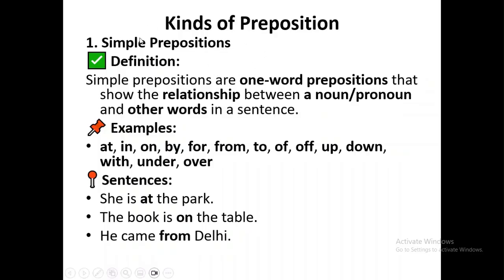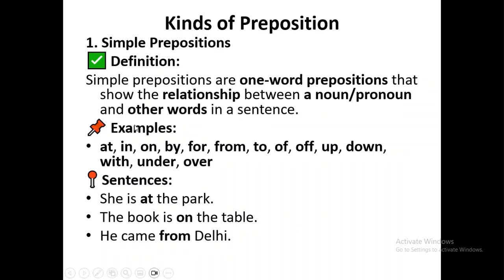Now, the first kind of preposition is the simple preposition. Simple prepositions are one-word prepositions. See, simple prepositions are very simple. They have only one word, and they show the relationship between a noun or a pronoun and other words in a sentence.